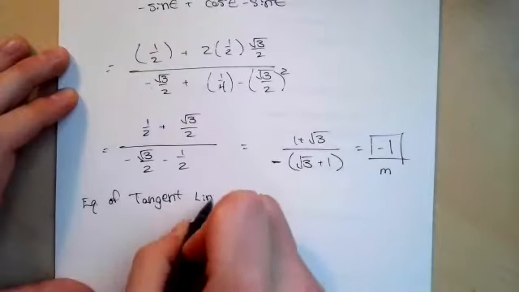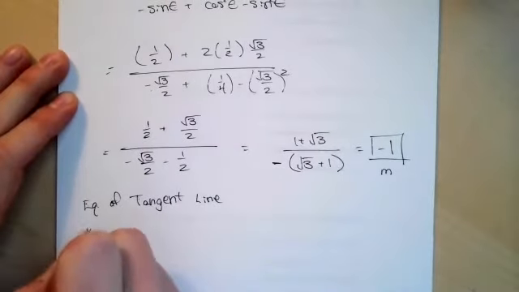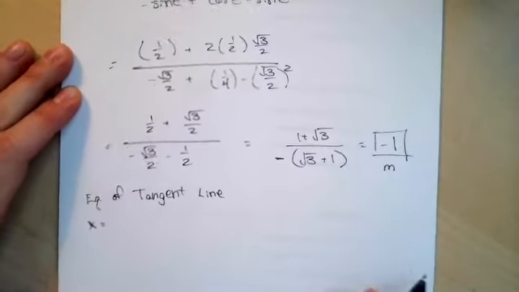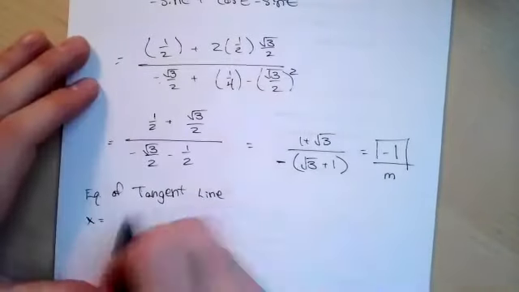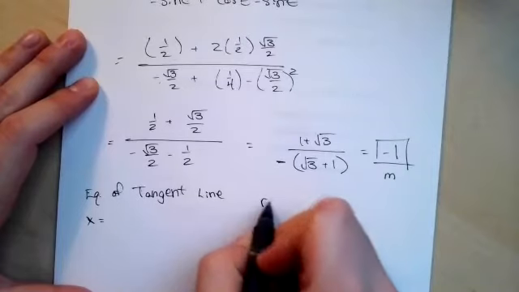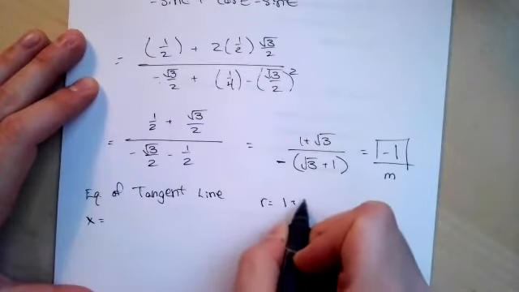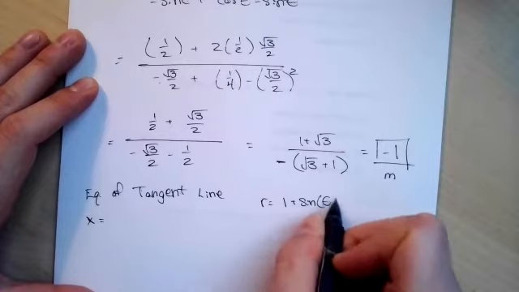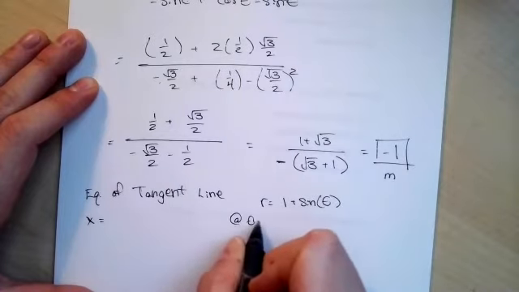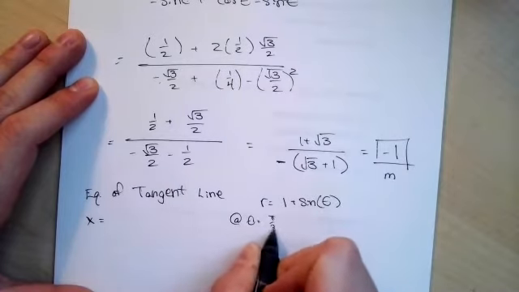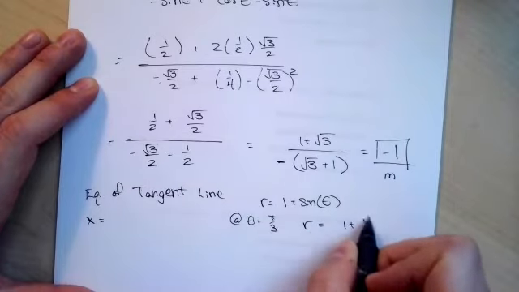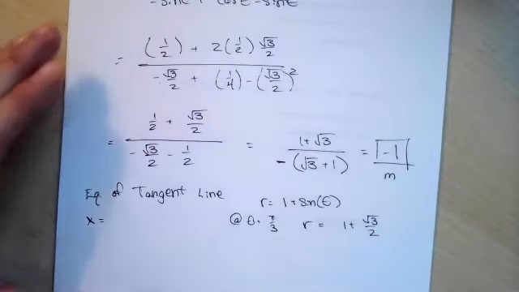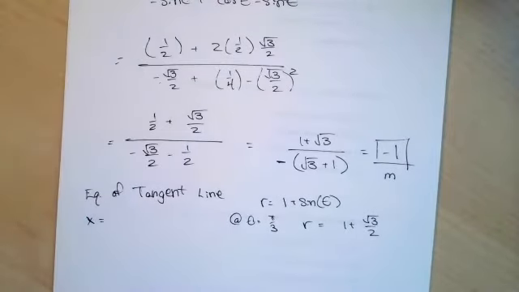So our equation of a tangent line, we're going to need our x and y. And so hang on, let's put our r equation somewhere as well. So r is 1 plus sine theta. And then of course at our theta equals pi over 3, we would compute our r value. So 1 plus root 3 over 2. Not the nicest of values.